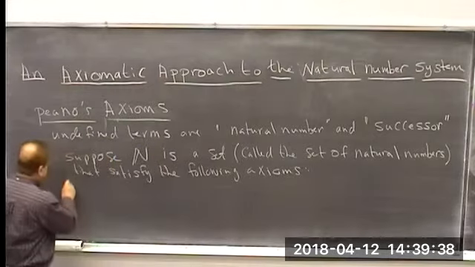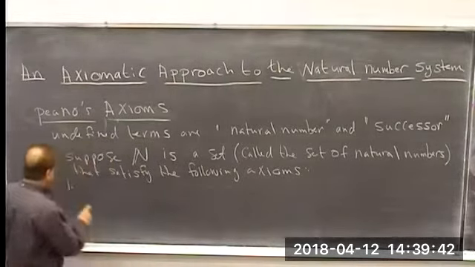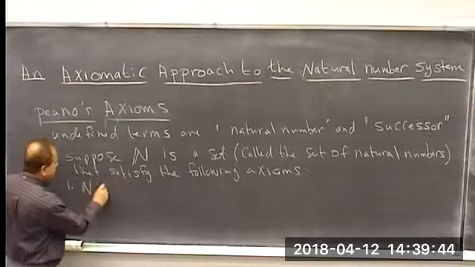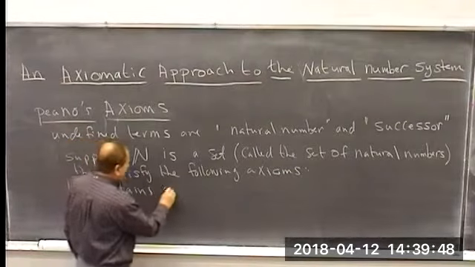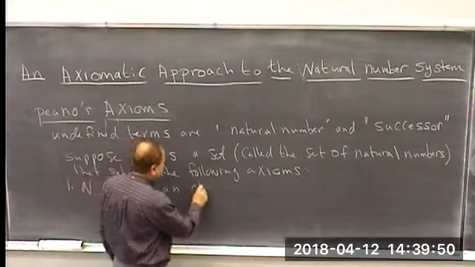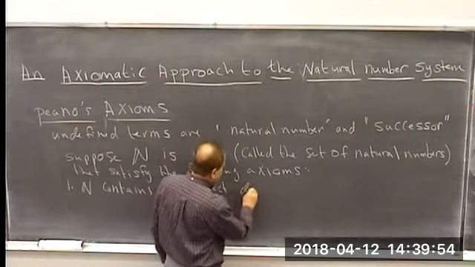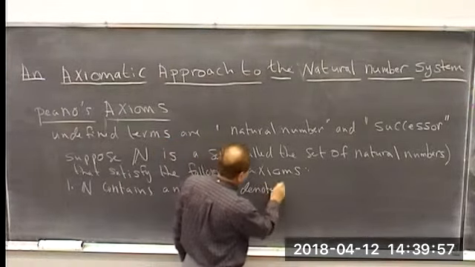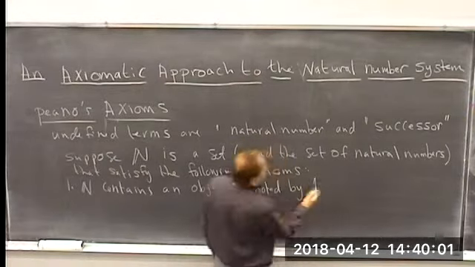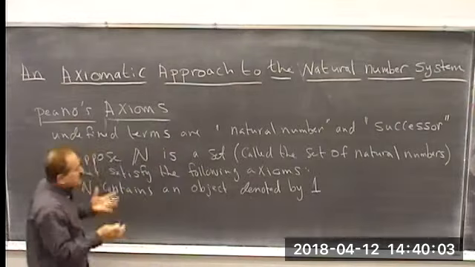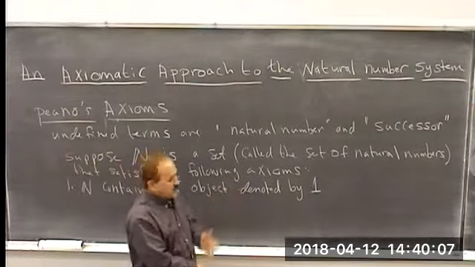The first one: N contains an object denoted by the ordinary notation which we use for 1, but really this object could be denoted by any symbol whatsoever.